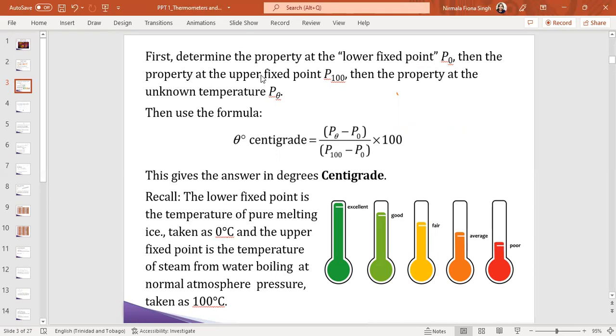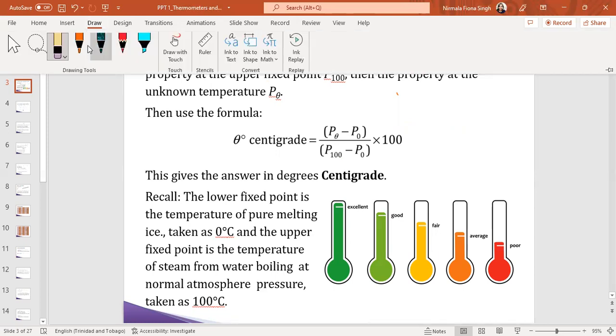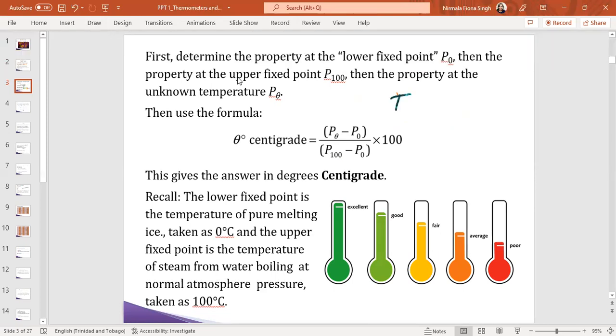The lower fixed point, here you can use P0, or you can use P at 0 degrees, which is your property at a certain temperature. Then we have our property at 100 degrees. So 0 is 0 degrees, 100 is 100 degrees. And then we'll have P theta, which is your property at some given temperature.